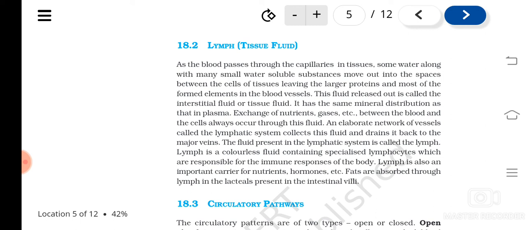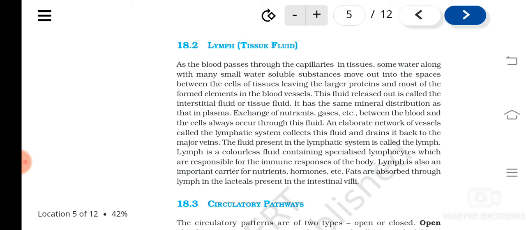Then the fluid present in the interstitial spaces will get collected by another system known as the lymphatic system, and it drains the various materials into the veins. The fluid present in the lymphatic system is known as lymph.